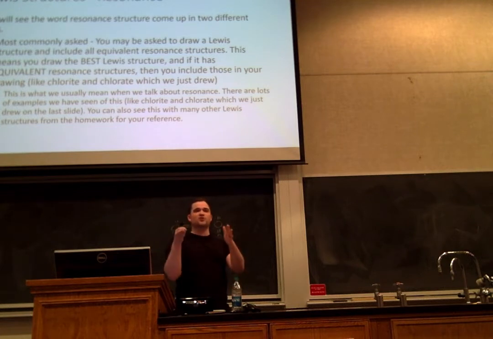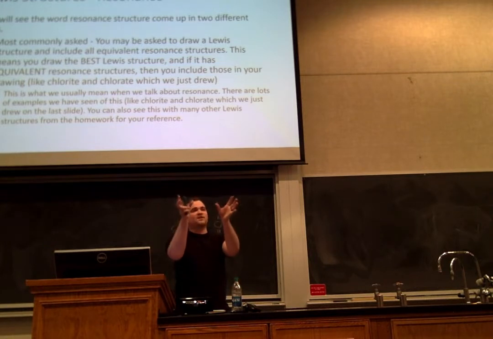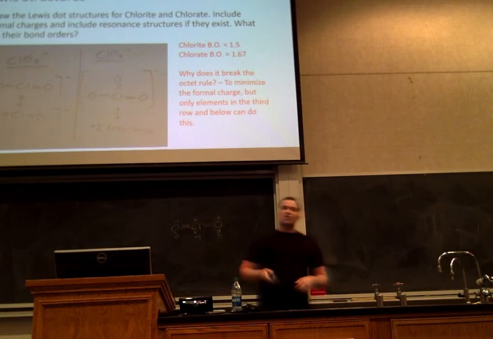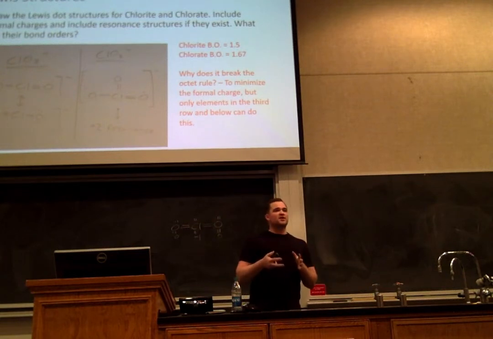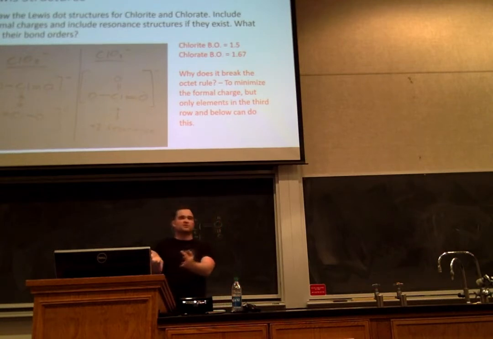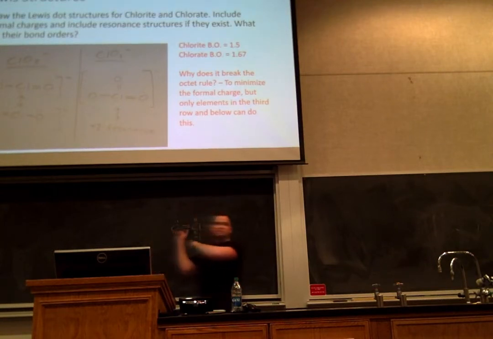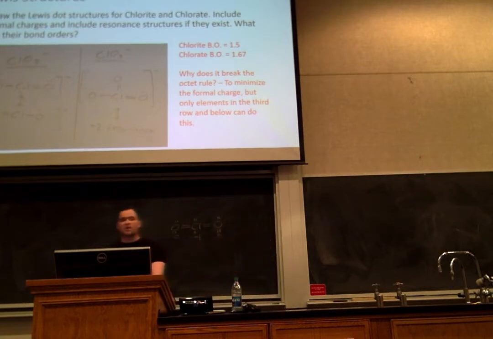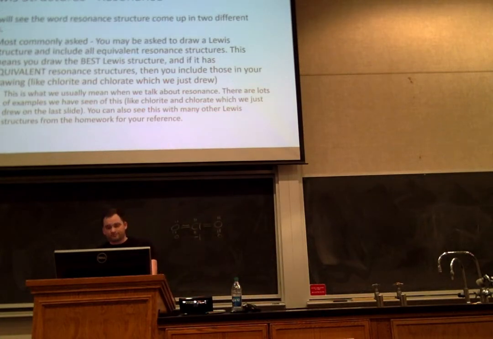The best structure had resonance, so we drew the resonance. That means those two molecules, or three in the case of chlorate, were equally contributing to what the molecule actually looks like, because they were both the best. Both of them were better than this one for a specific reason. So that's the most common one you'll see.